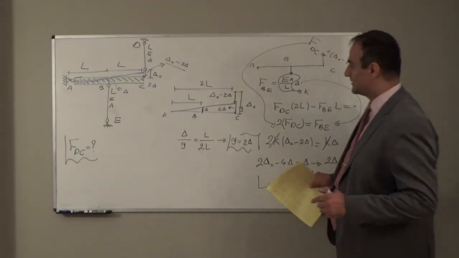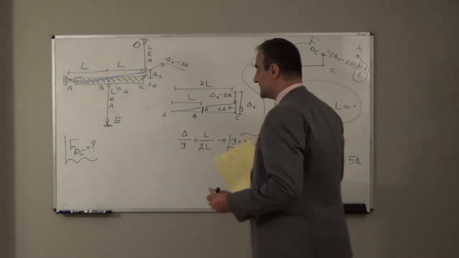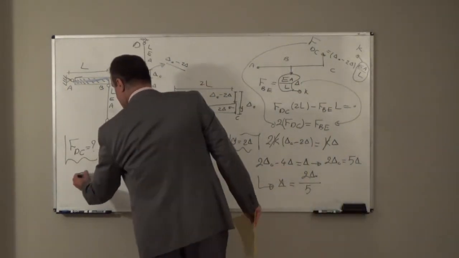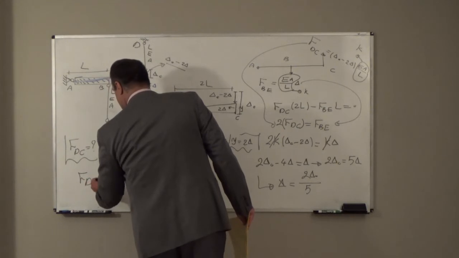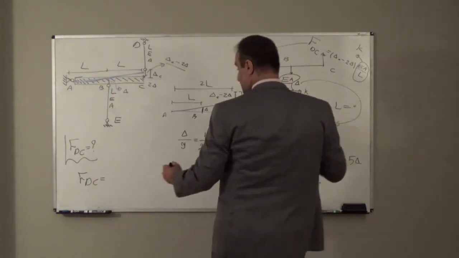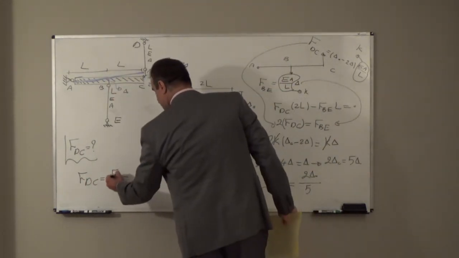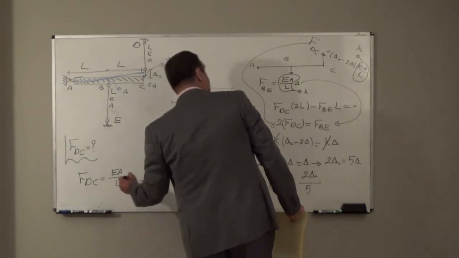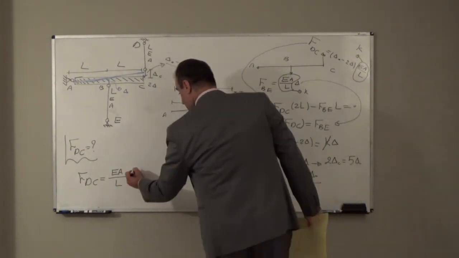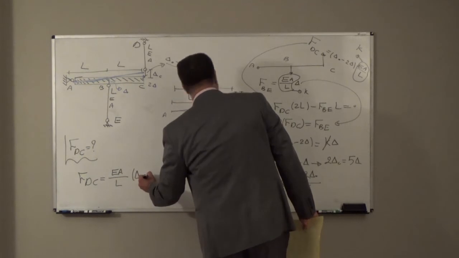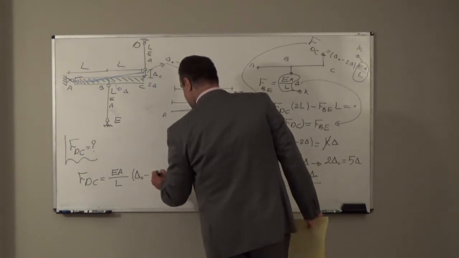If we find delta, the problem statement asks for internal force in member DC. Internal force in member DC is equal to stiffness of that member, EA over L, times delta naught minus 2 delta.